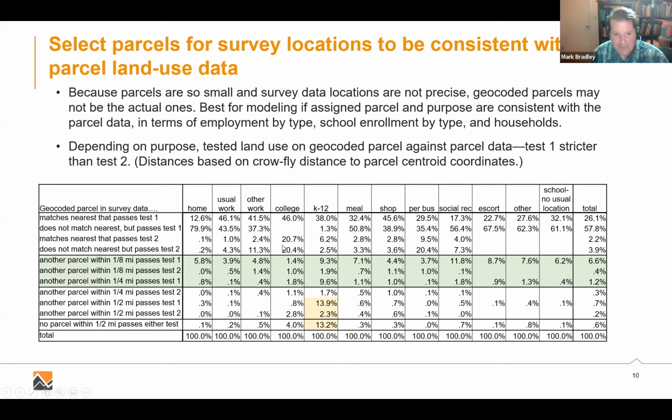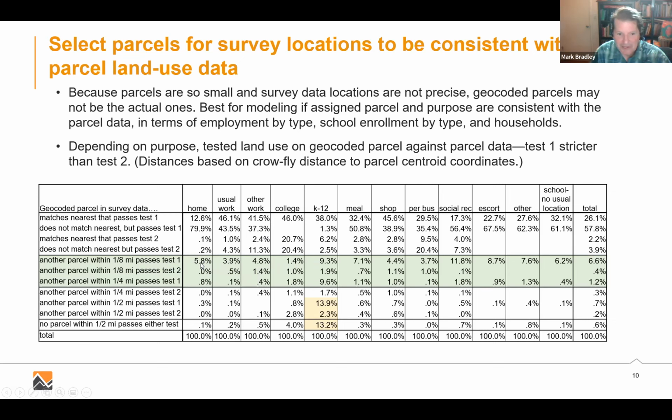If they don't pass that test, we try to see if there's another parcel within 1/8 of a mile that does, and we can change the parcel in the data to something that matches the land use better, because we're not sure that we have the precise geocodes in the data.